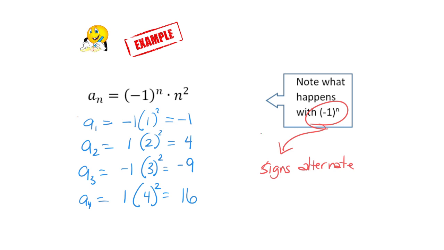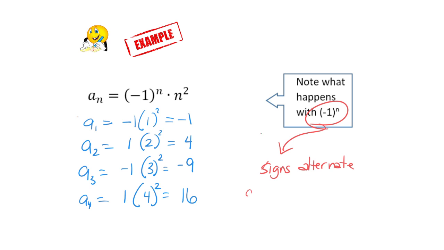Now, one thing I would make note of here, though, is what if the signs alternated, but the first term was positive, then negative, positive, negative? We would have to do something here that would make the first term end up positive. And if I want the first term to be positive, I can't be putting a 1 in right here. So what is standard for that is they would change it.